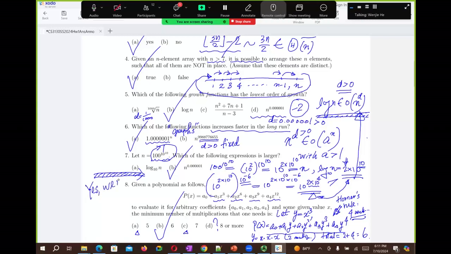So your question is yes. We need to multiply all the coefficients, okay? We need to multiply all the coefficients, to answer the student question.